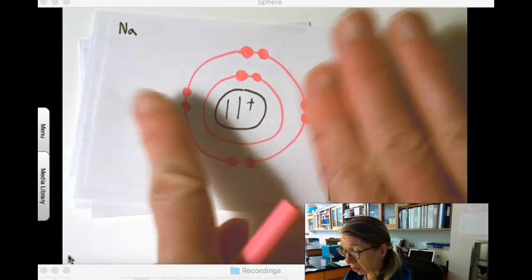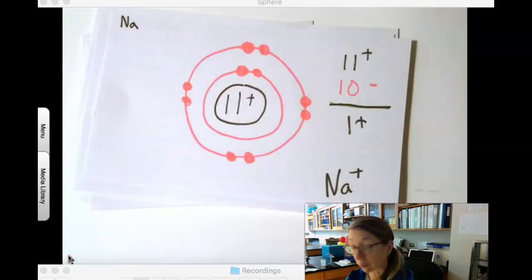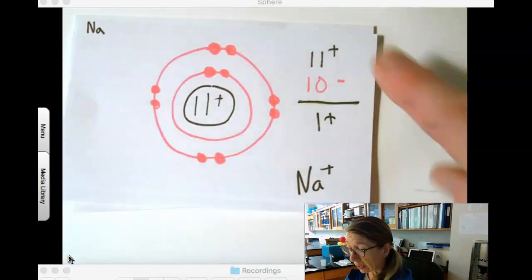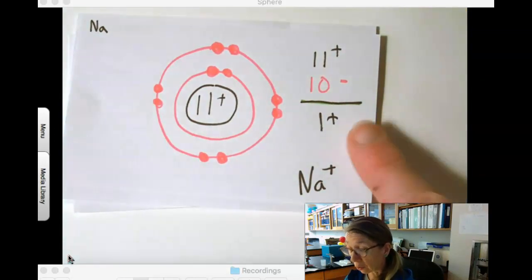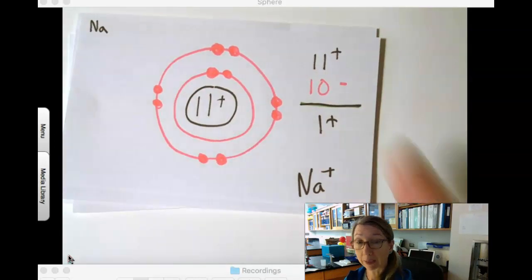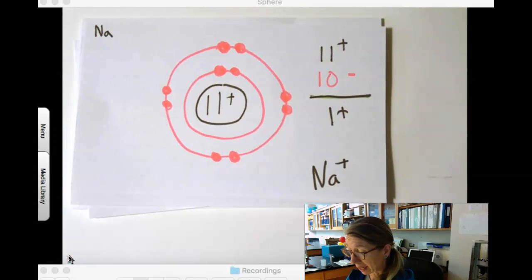And now sodium has 2 energy levels and its outermost energy level is filled. Now the result of this is we started out with 11 protons, but now we only have 10 electrons. So we will have 1 more positive charge than negative charge, and so we would write it like this: Na+.